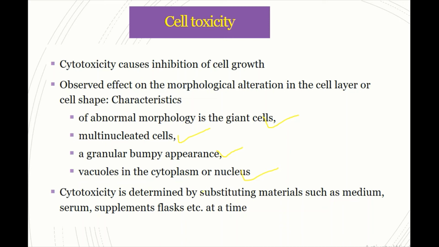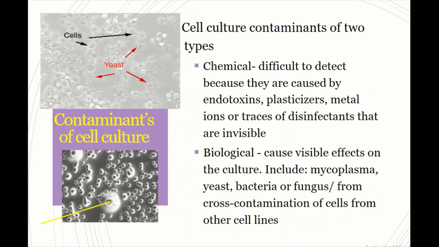The cytotoxicity is determined by substituting materials so that you understand which material used in cell culture is the cause of cytotoxicity. So you can start with the media, substitute serum, supplements, the flasks, etc., each at a time, while you observe what could be the cause of cytotoxicity.